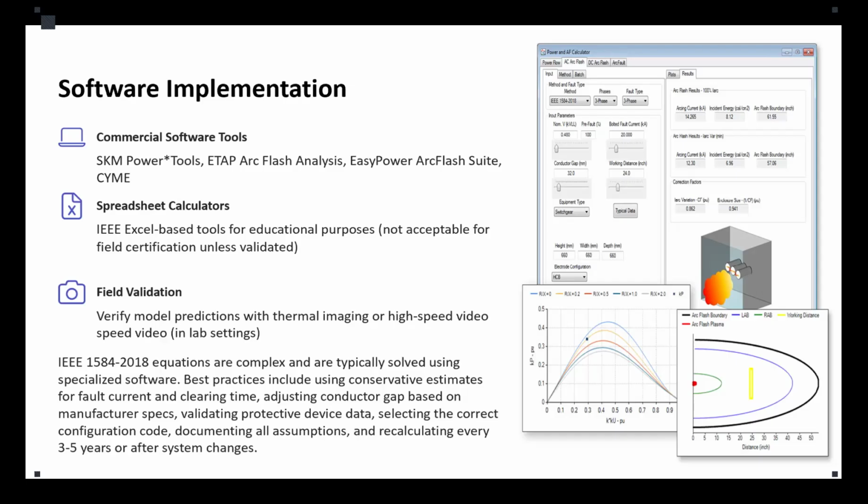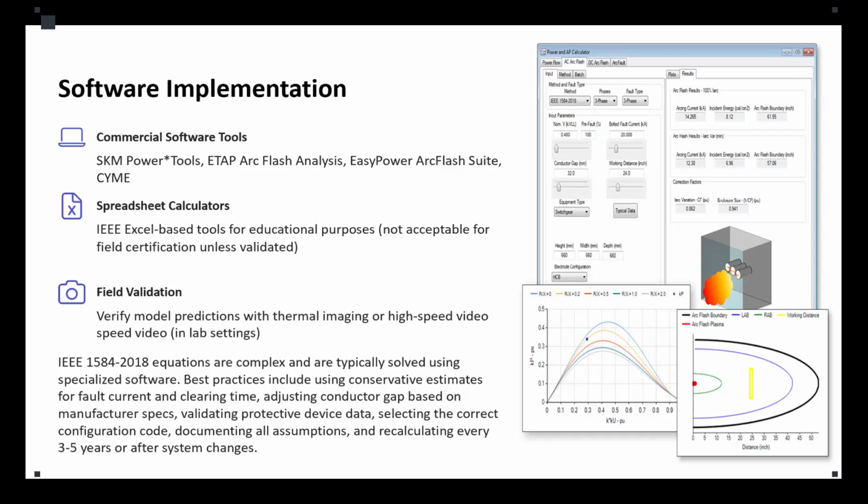All these tools include an IEEE calculation engine, built-in equipment libraries, and fault current analysis. They have time current coordination, one-line diagram interfaces, and arc flash label generation. So they are very good for automating instead of manually handling the calculation model.